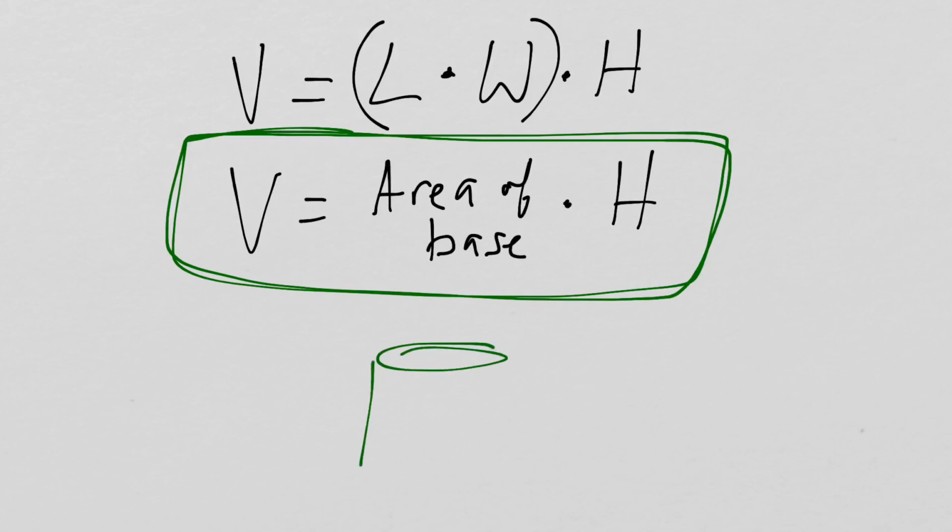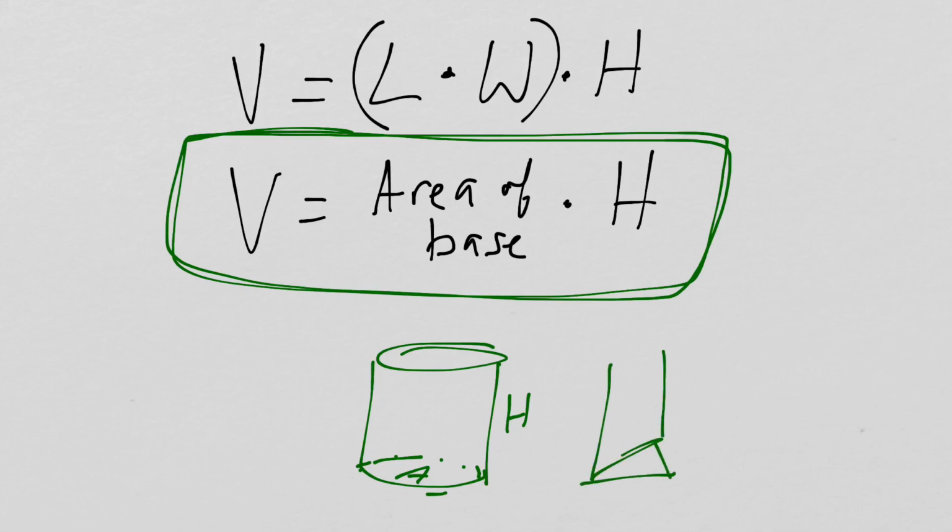It'll work for a prism like this, a circular prism or a cylinder, where you'd find the area of the base and you multiply it by the height and you'd get the volume of that. Or it'll work for a triangular prism like this one. Okay, that's badly drawn, but never mind. Where you'd find the area of the base and you multiply that by the height, and that would give you the volume of that. So it's actually a better formula because it works with other shapes as well.